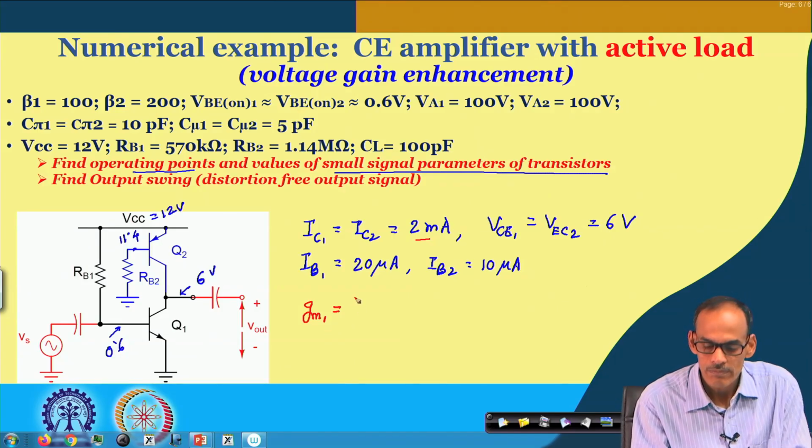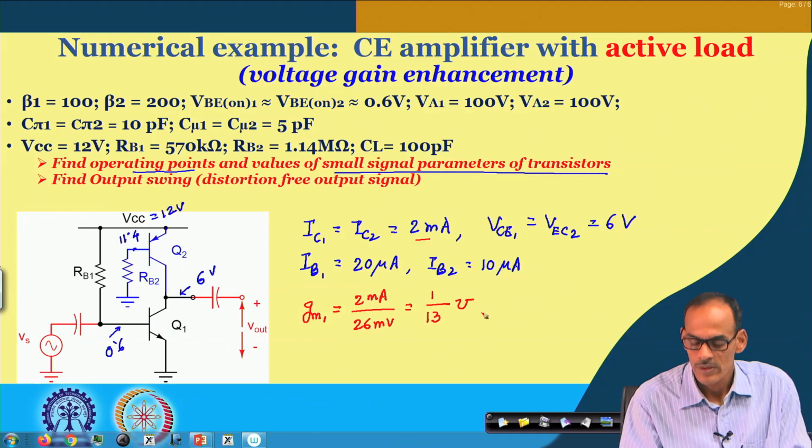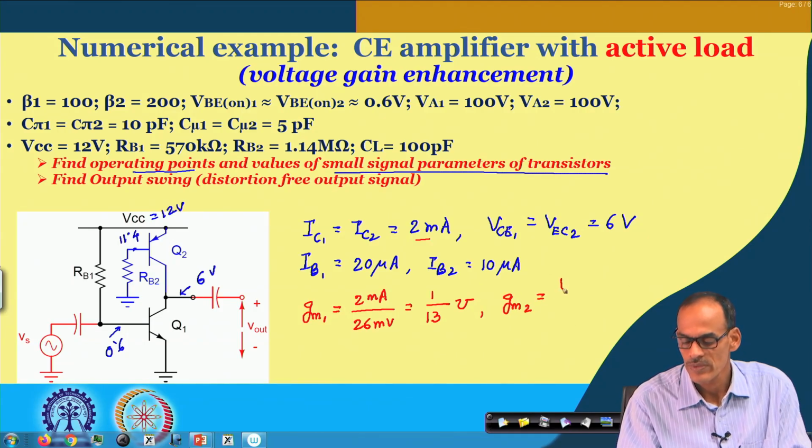So this is 2 milliampere divided by 26 millivolt, that is 1 by 13 mho. Likewise gm2 is also equal to 1 by 13 mho.